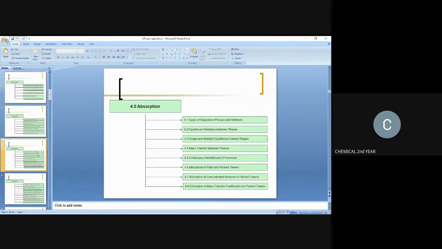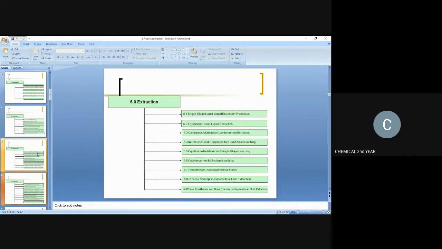In this, we will see types of separation processes and methods, equilibrium relation between the phases, multiple equilibrium contact stages, mass transfer between the phases, continuous humidification process, absorption in a plate and the packed tower, absorption of concentrated mixtures in the packed towers, estimation of mass transfer coefficients for packed towers.